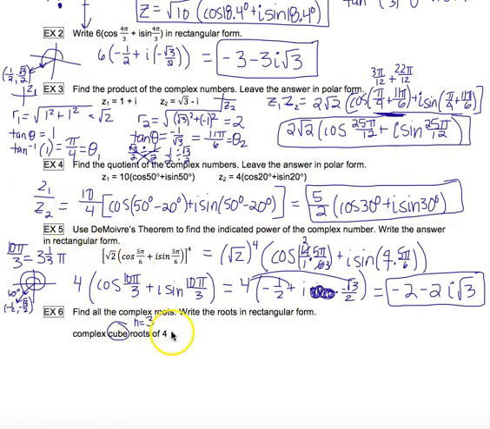So 4 in complex form is 4 plus 0i. So if I am looking for its r value, that would just be the square root of 4 squared plus 0 squared. You don't actually have to write this out. I know that many of you can just look at that and know that that's going to be 4. But just to illustrate it, that's how you would find your radius value.